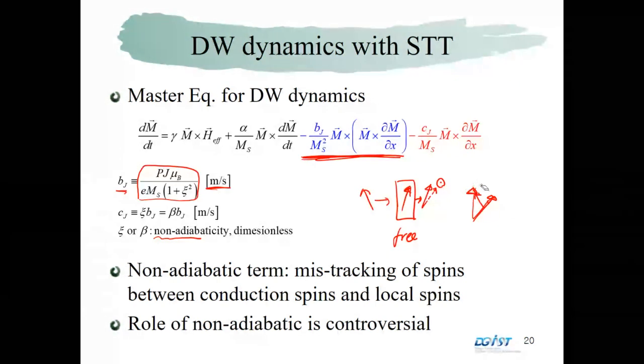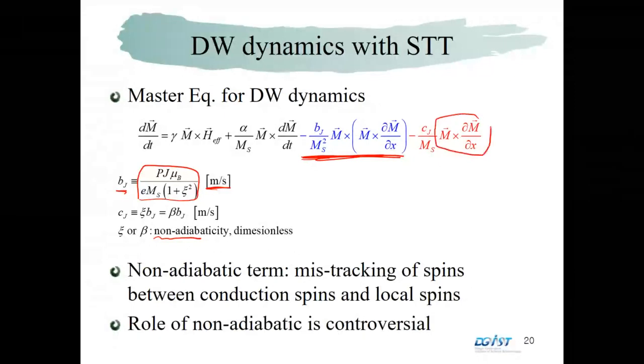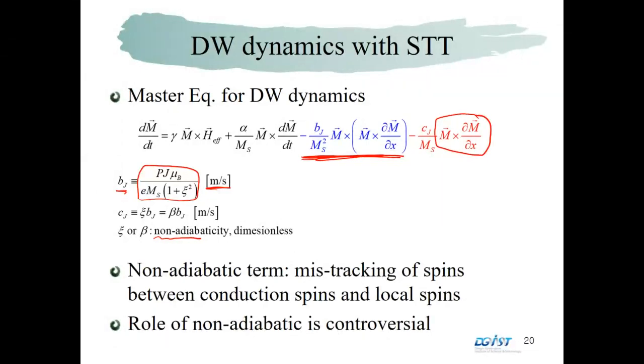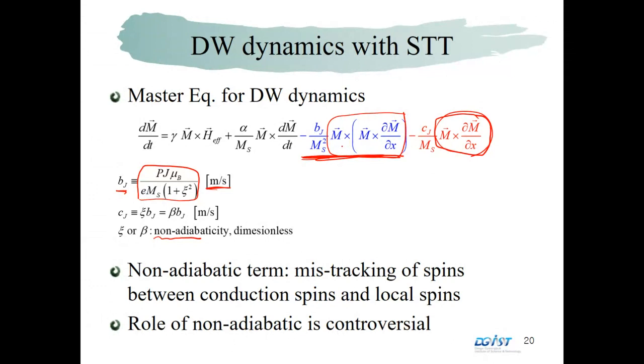This same thing happens in the domain wall. So the direction of the non-adiabatic torque should be this form, because this torque must be perpendicular to the adiabatic torque.